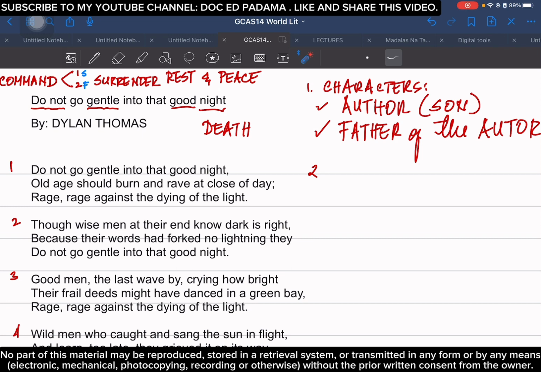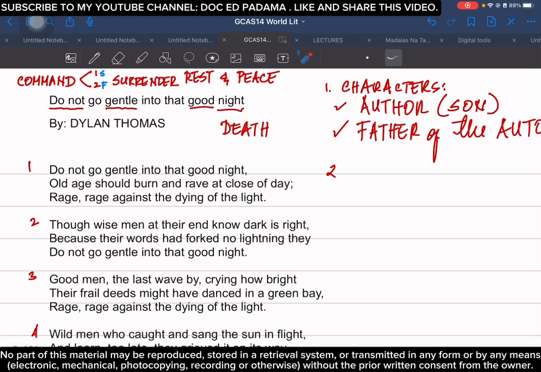So basically, from this analysis of the title, you will already have an overview, a bird's eye view perspective of what will be presented in this particular literary piece.